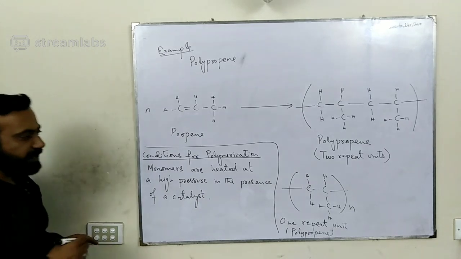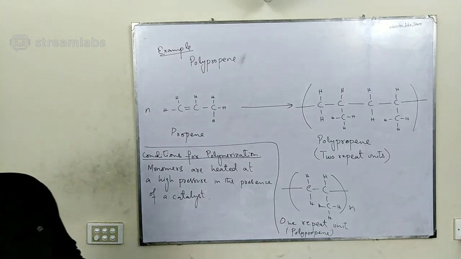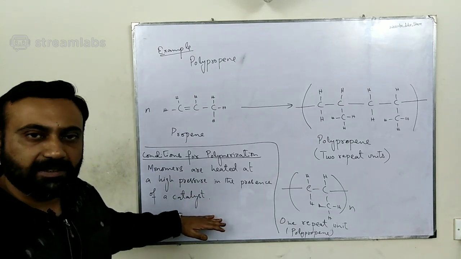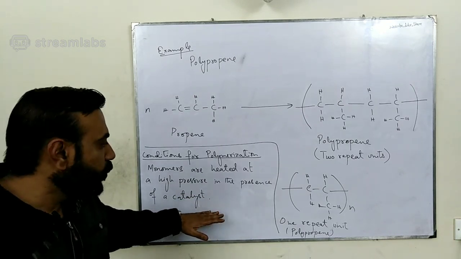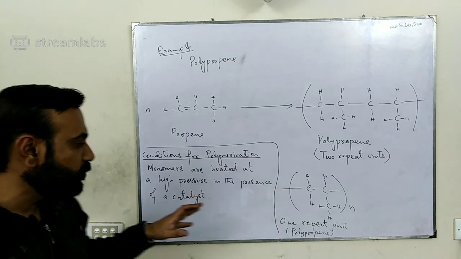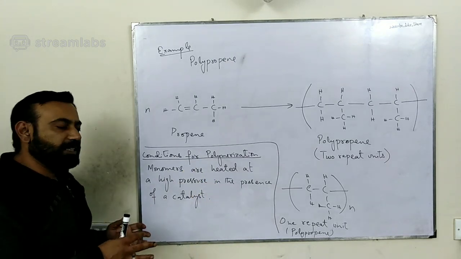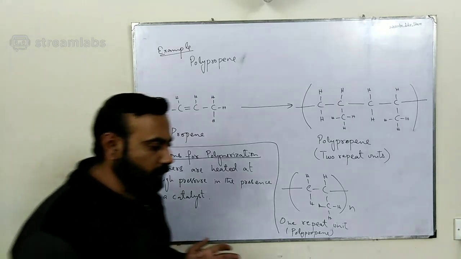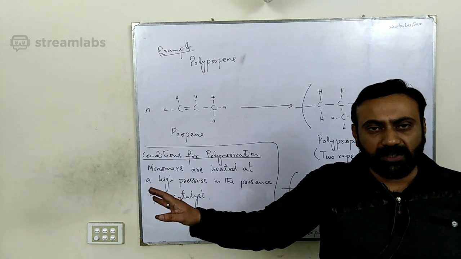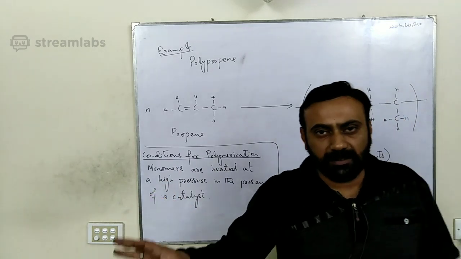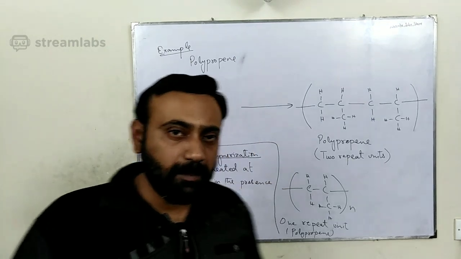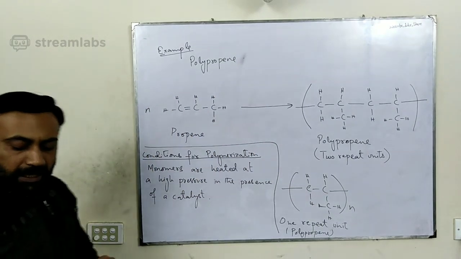So yes, this reaction takes place when the monomers are heated together at a high pressure in the presence of a catalyst. You don't need to know the exact temperature, you don't need to know the exact pressure, and you don't need to know which catalyst is used in these reactions. So you just need to remember that a high temperature, a high pressure, and a catalyst is necessary. These conditions are necessary for polymerization reaction to take place. That is all you need to remember.